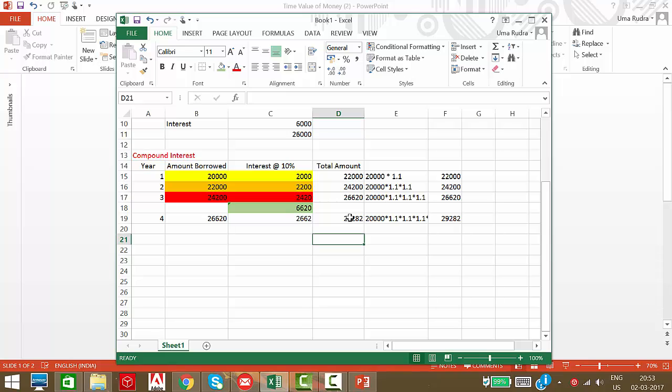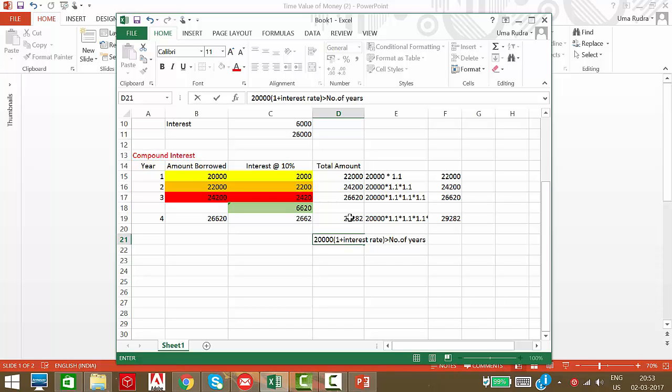So we have got one simple equation, which is the original principal, or originally borrowed amount, 20,000, into 1 plus the interest rate to the power of the number of years.